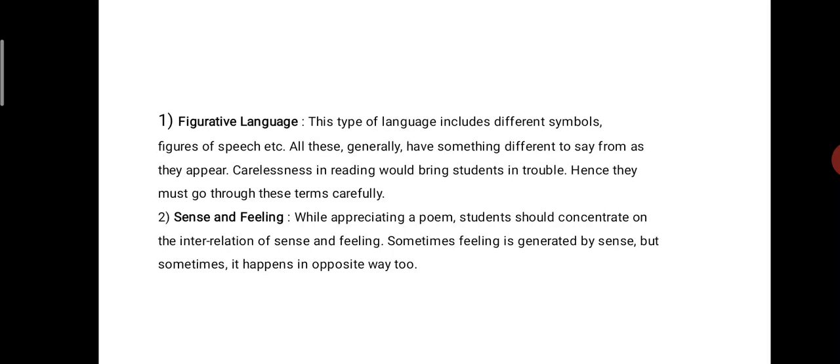Sometimes feeling is generated by sense, but sometimes it happens the opposite way too. In the opposite way, the sentence implies another meaning. It is a very simple sentence, but the poet wants to suggest different meanings from it. So, sense and feeling is also an important device for the critical appreciation of the poem.